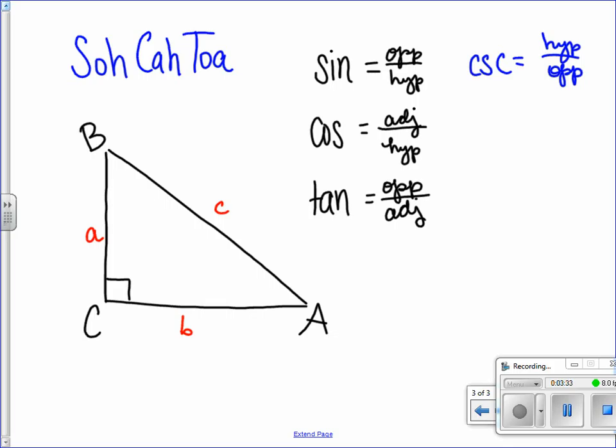Cosecant. Can you spell it out? Like that. And then the reciprocal function for cosine is secant. SEC.